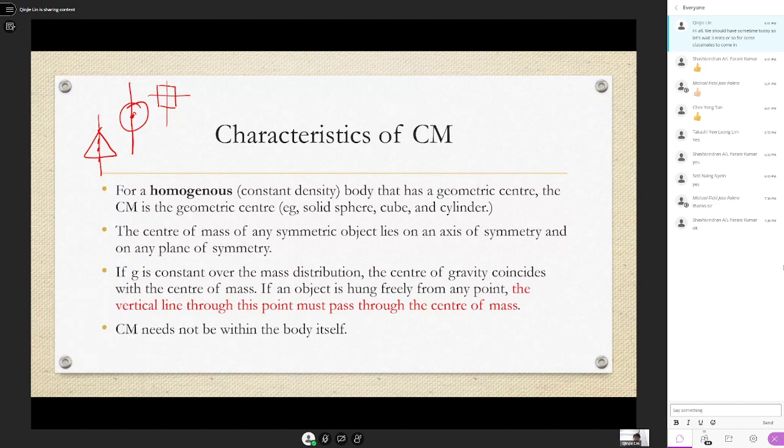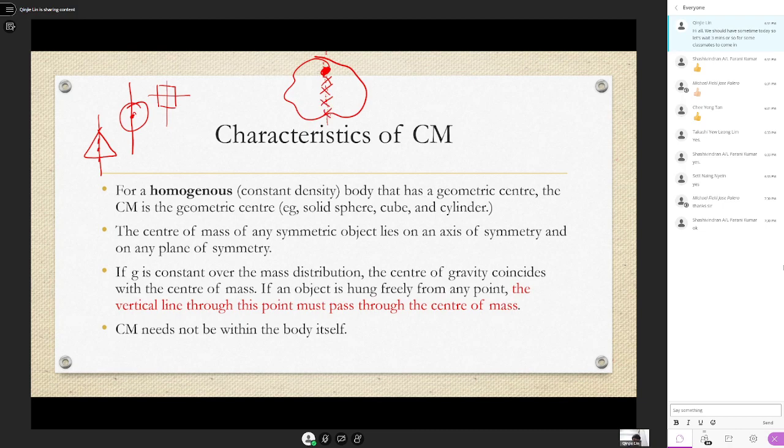What does this mean? Let's say a random object like that. If you pin it on the wall here, this is a pin, and the object finally rests at this position, it means if you draw a vertical line through the pin, these are points where the CM must lie.